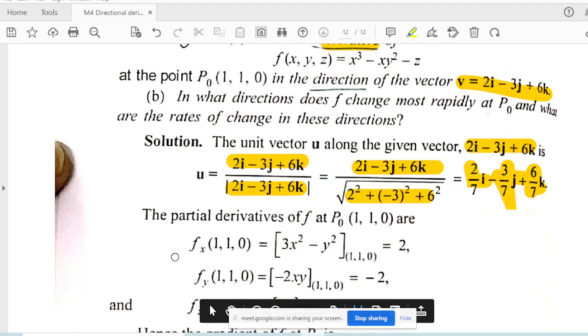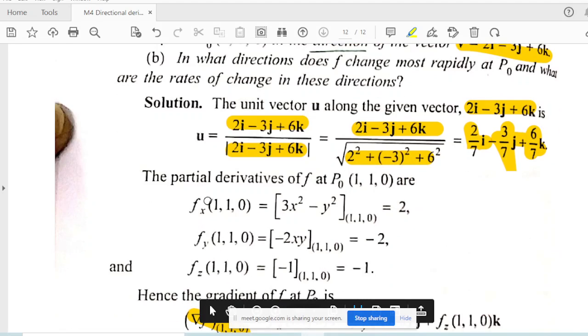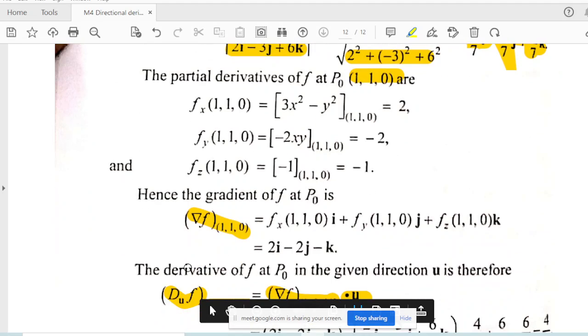We need to find the partial derivatives of f at the point 1 1 0. Why find them? To find the gradient we need f suffix x. Here we denote the partial derivative with respect to x either as del f by del x or f suffix x, no problem. But understand that this notation is for the partial derivative.